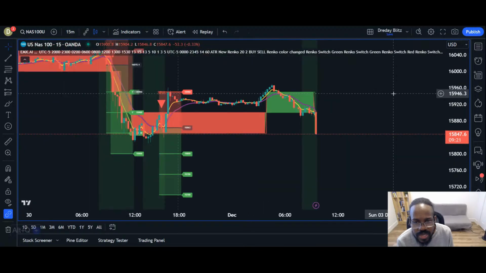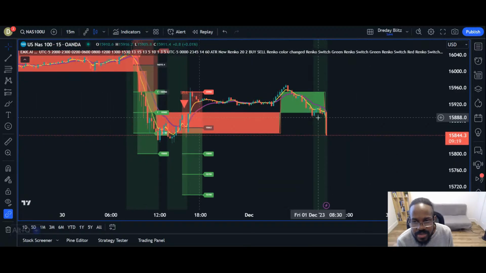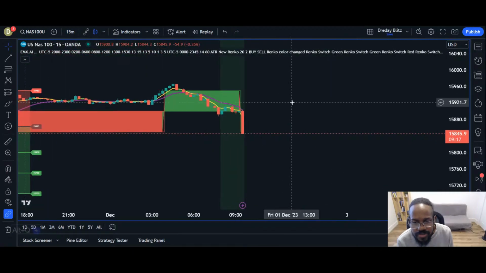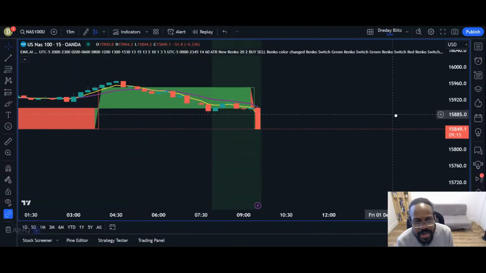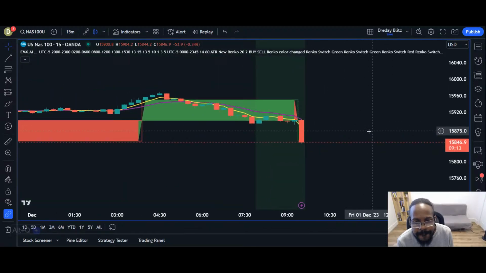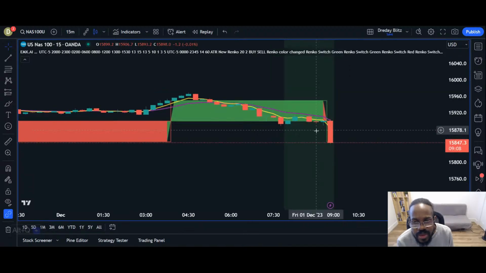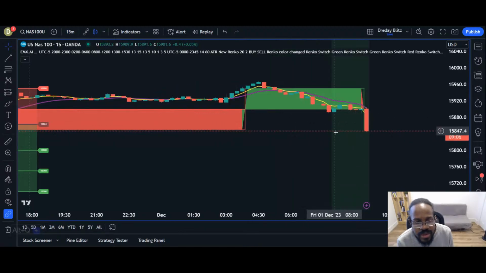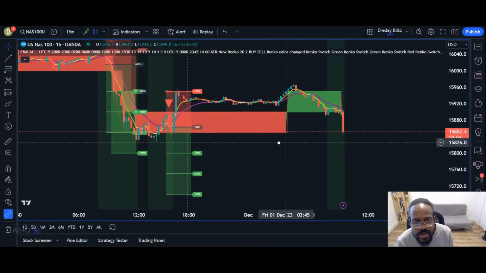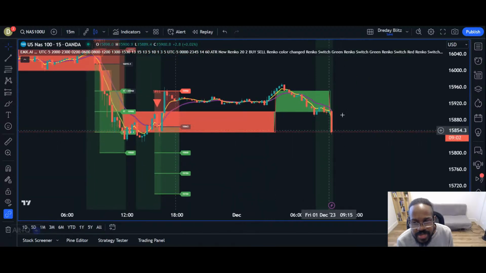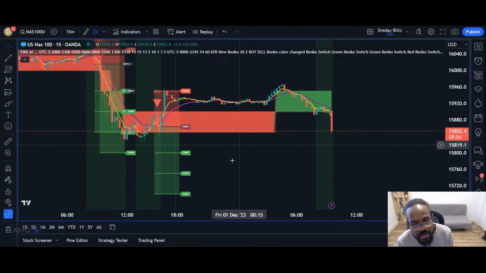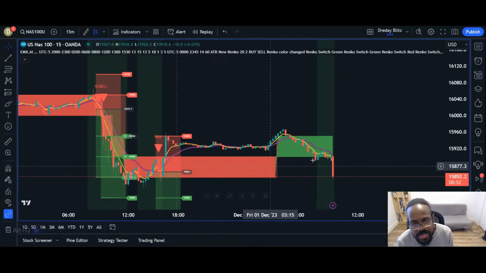So right now we have the Renko change colors here to red. So if there are any setups that will be coming in, that means the setup will be a sell and not a buy, because if you were buying, it would be green, and if we're selling, it will be red.